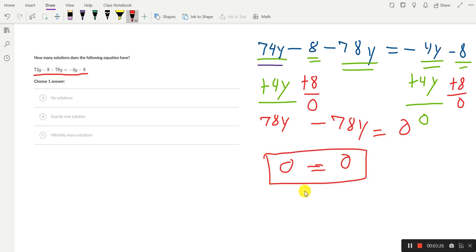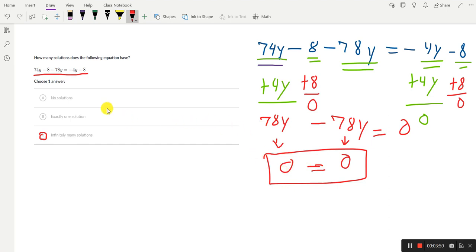Now, what does that mean? Well, that means that this has infinitely many solutions. Why is that? Well, because this side of the equation is equal to this side of the equation. And so any number that you add here will be the same.